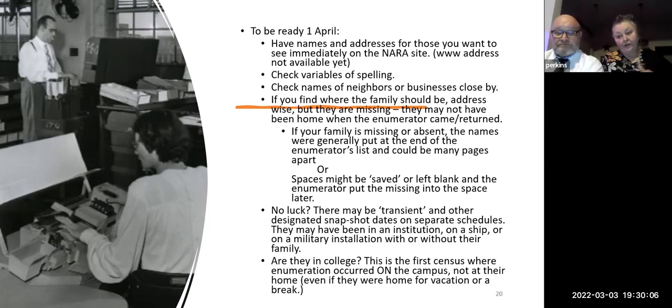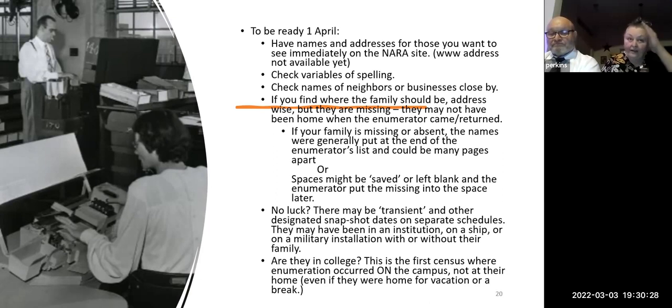Or that's what they were supposed to do in 1950. Or this next sentence, I'm sorry, is what they're supposed to do in 1950. At the end of their enumeration district, they're supposed to put in the people who were missing that they caught on their second or third run.